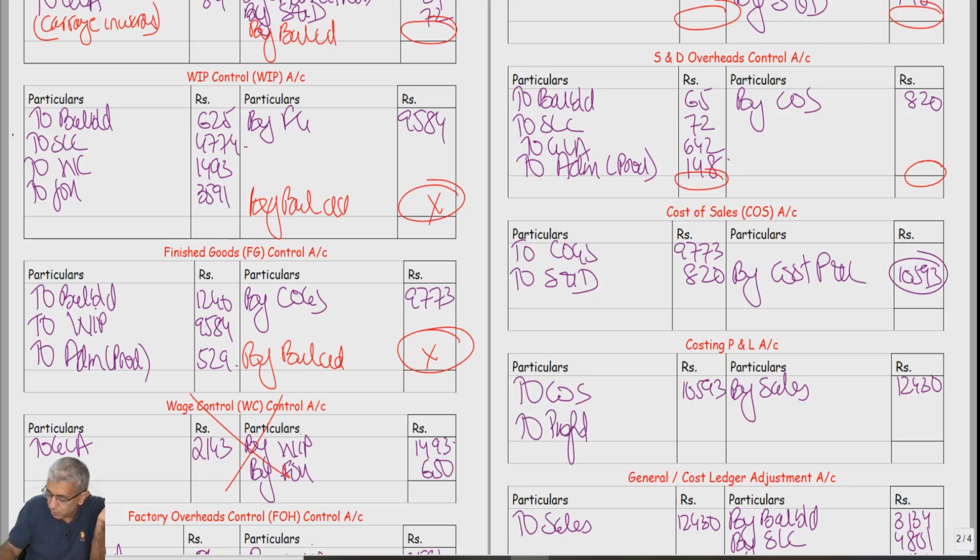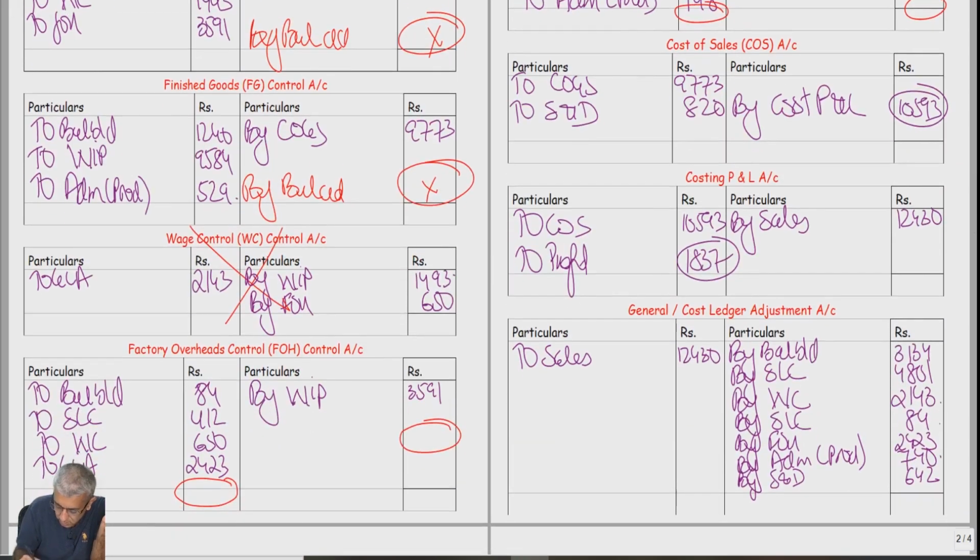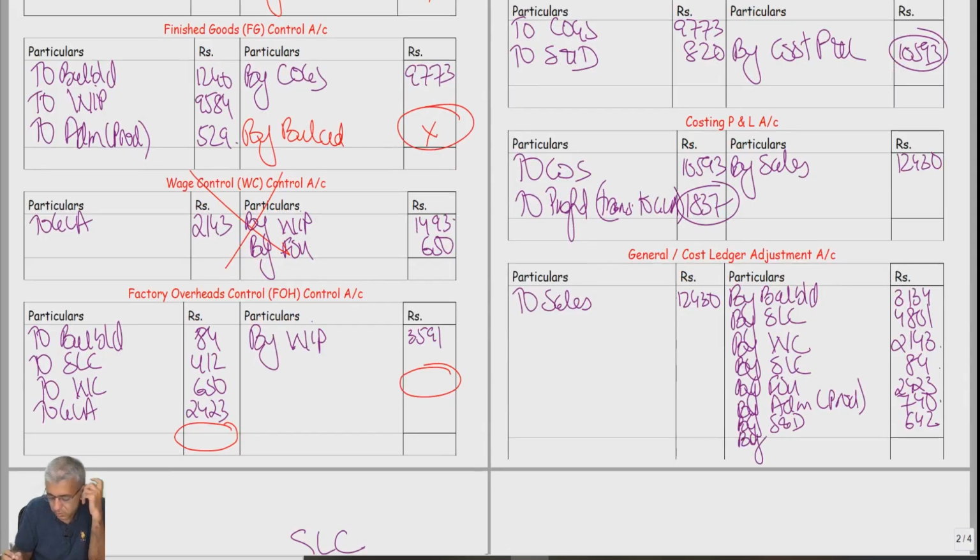This will be your profit, 1837, transferred to GLA account by costing P&L, 1837. This will be, in this particular case, to balance carried down.